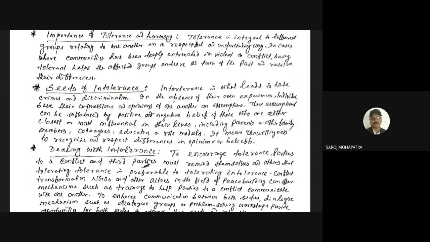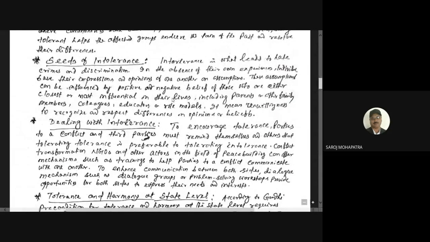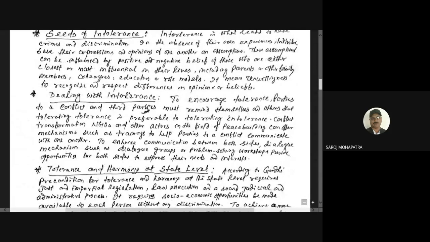So anyway, the seeds of intolerance are what lead to hate crimes and discrimination. People inevitably base their impressions and opinions of one another on assumptions.